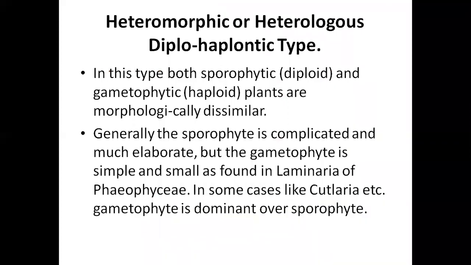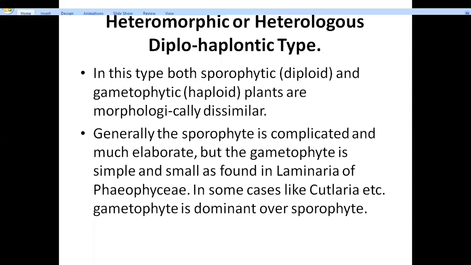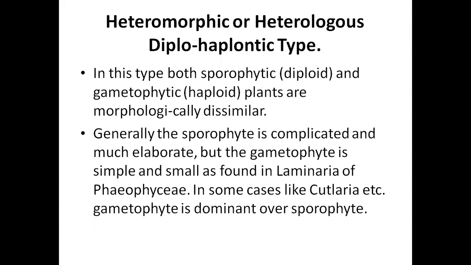Now, coming to the next type, that is heteromorphic or heterologous diplohaplontic type. And what happens in this cycle, the diploid phase and the haploid phase are morphologically dissimilar. By looking at them, you cannot identify this. Yes, there is a difference. In previous one, in homomorphic, you can say that morphologically haploid and diploid stages are similar.